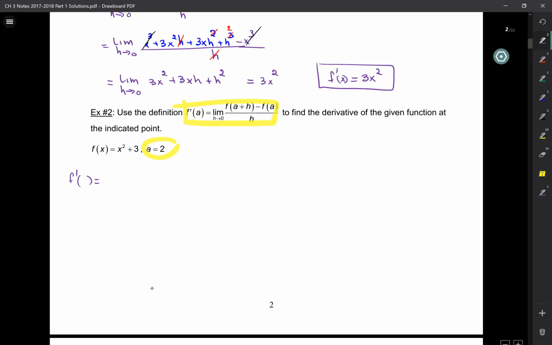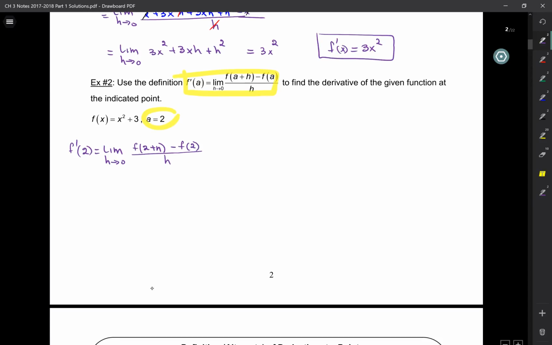And what's a? 2. So it's f prime at 2. You use whatever variable they give you. Since it was x in the first one, that's x. And now we actually have a number. So now it's going to be f of 2 plus h minus f of 2, over h. And it's all the stuff that we had done before. So this is the limit.